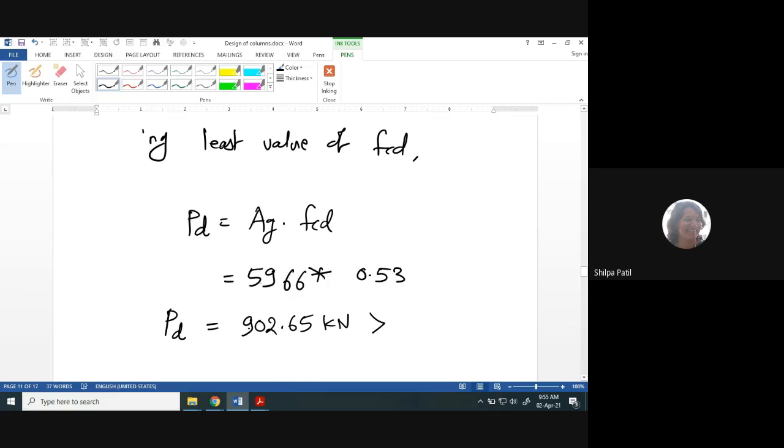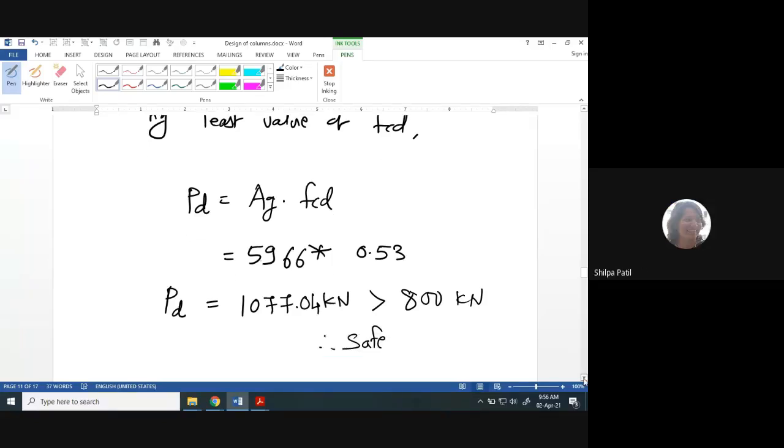That value should be used here. So now tell me what is this value we are getting. 1077.04. So this value is safe.